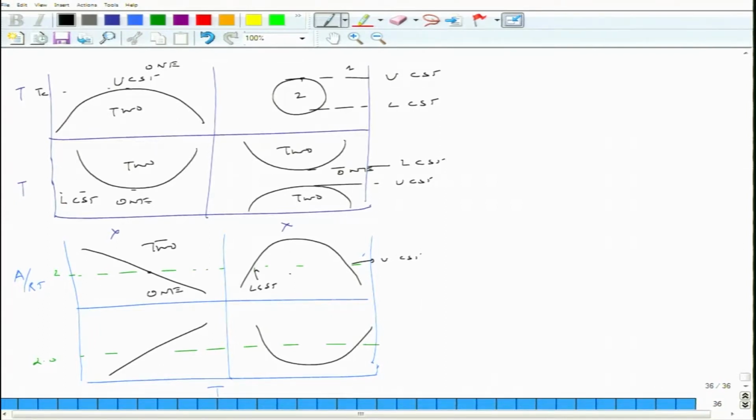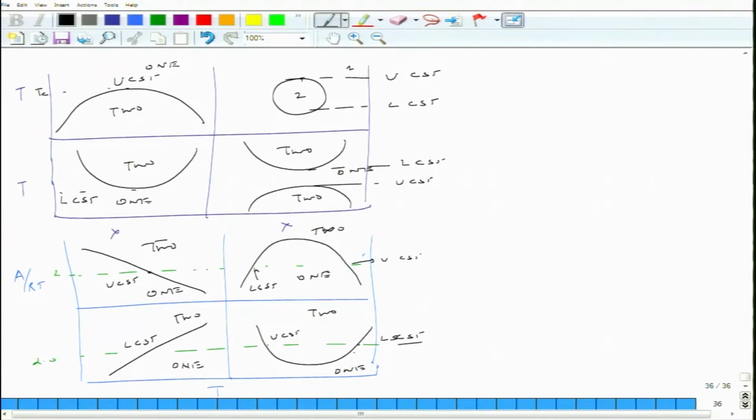Again this is two phase up, this is one phase. This is two phase, this is one phase. So, this corresponds to LCST, this is UCST, and this is UCST and this is your LCST.